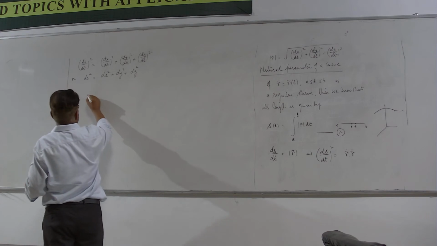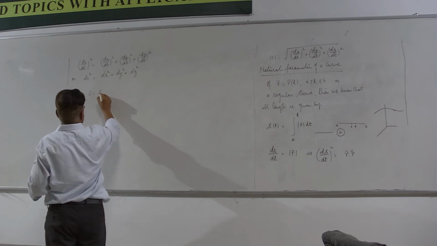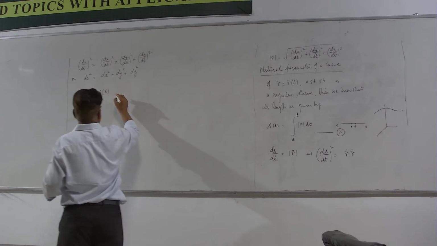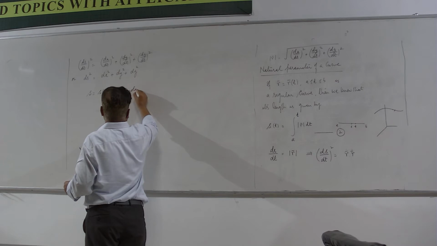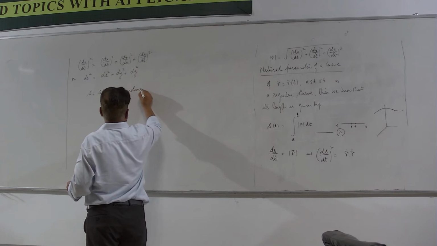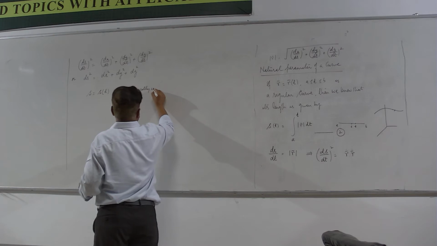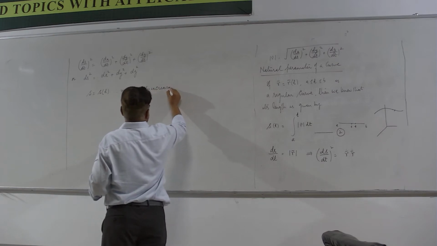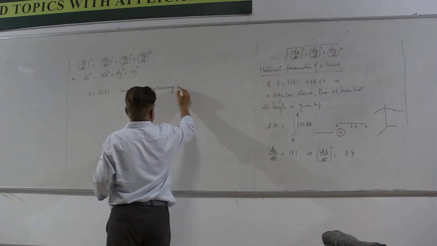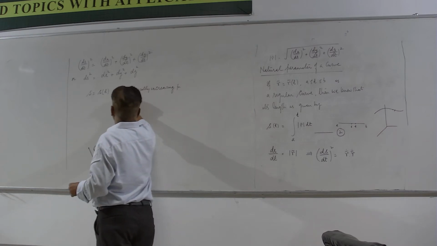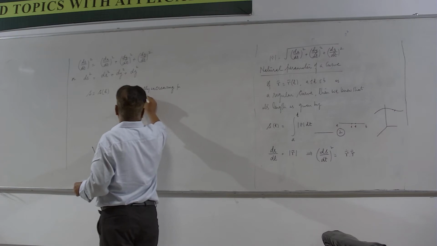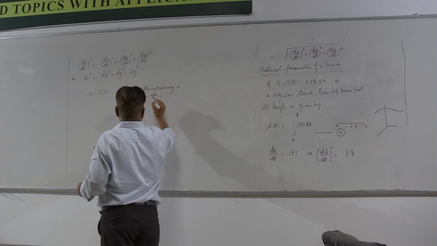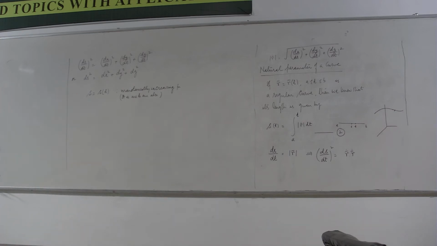It is also 1 to 1. So, S is a 1 to 1 differentiable monotonically increasing function of t.